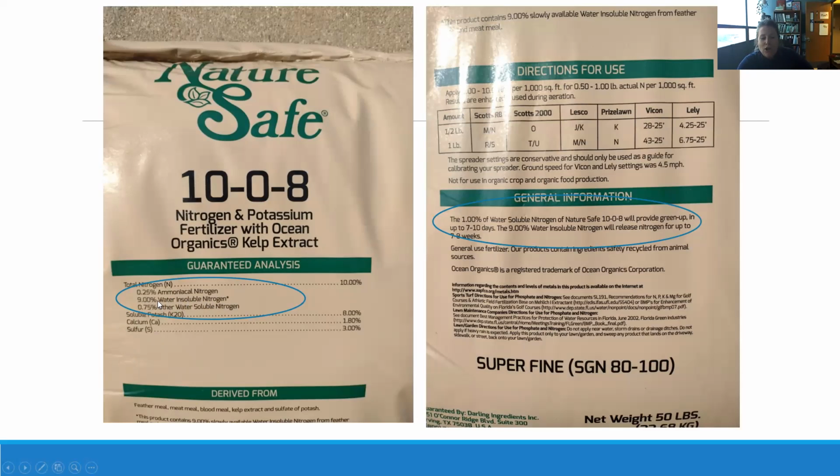So the majority of this is not going to be immediately available for plants to take up, which is totally fine as a pre-plant fertilizer, because your plants don't immediately need that, right? Just keep that in mind.